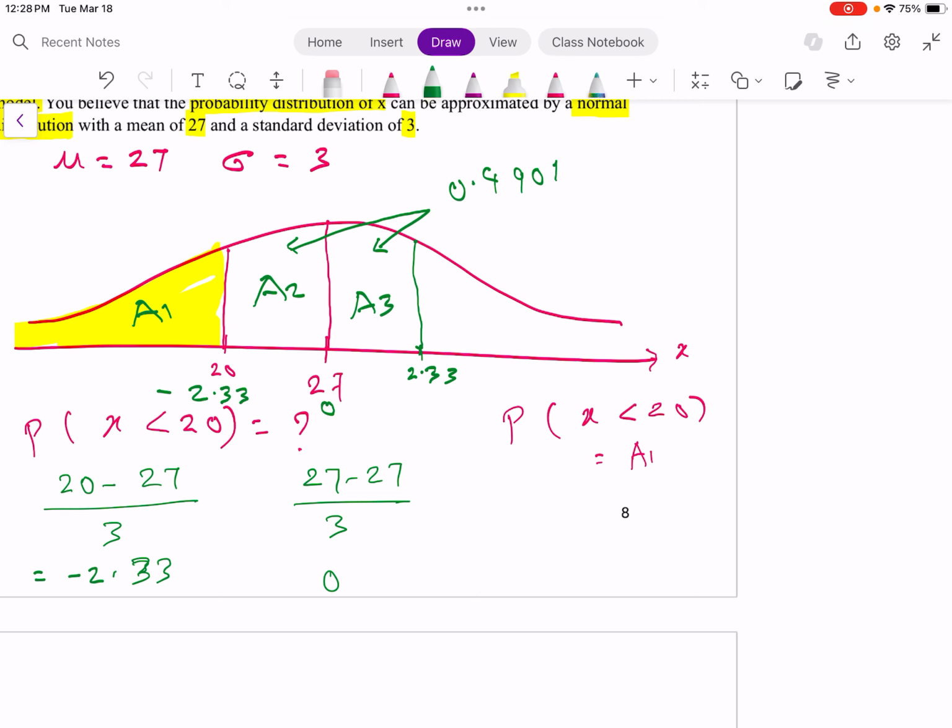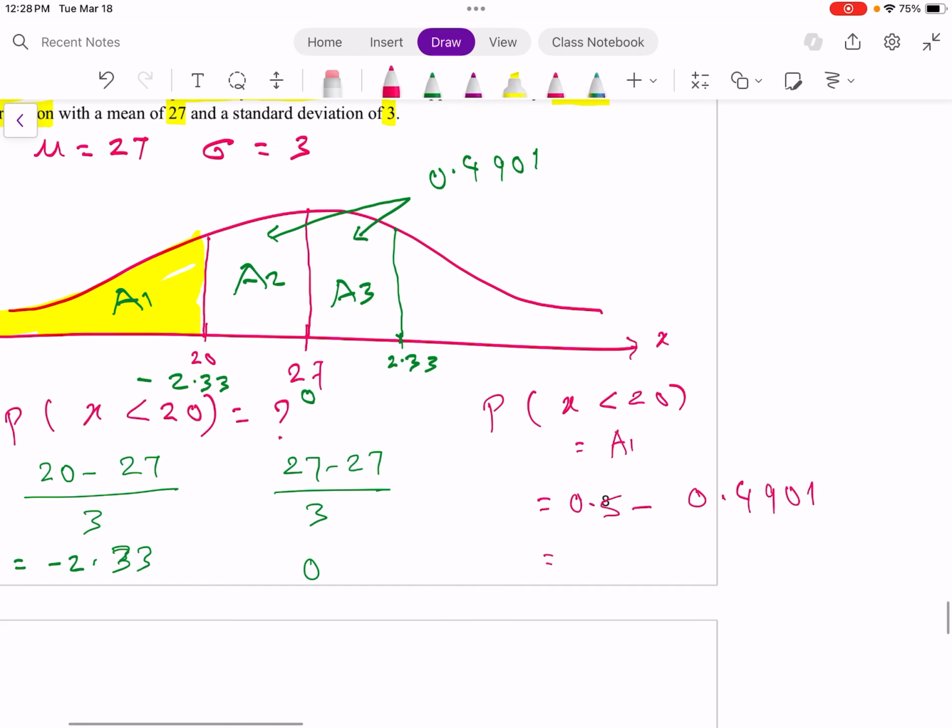Now what will be our area A1? That is 0.5 minus 0.4901. And what do we have for this? 0.0099. So this is the probability that x takes a value less than 20.